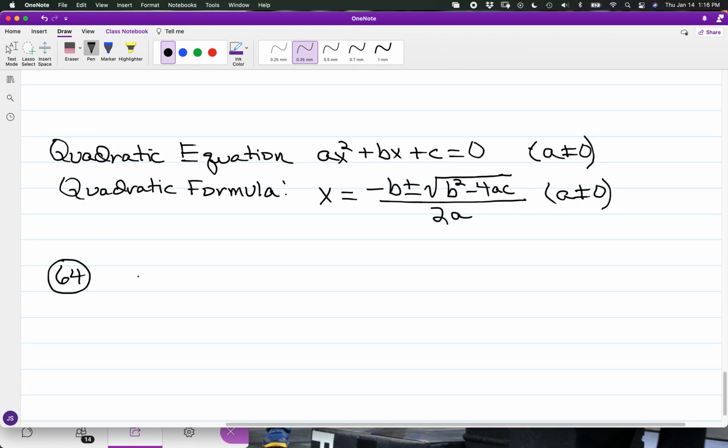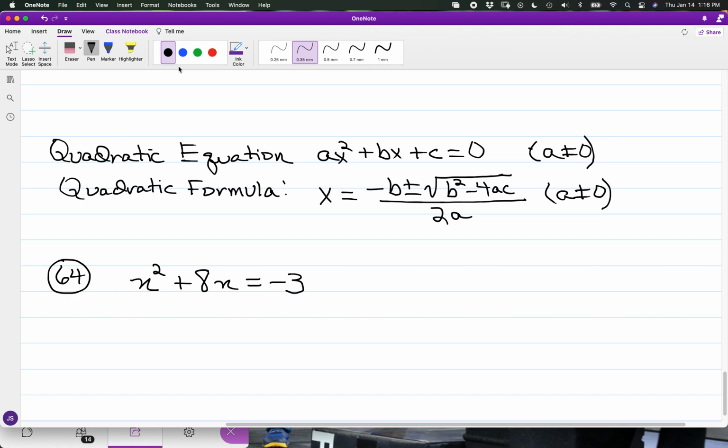So I have a different letter with the n. I have n squared plus 8n is equal to negative 3. So I have a quadratic equation, but in terms of the letter n as opposed to the letter x.